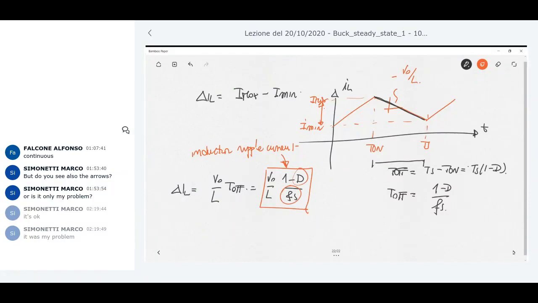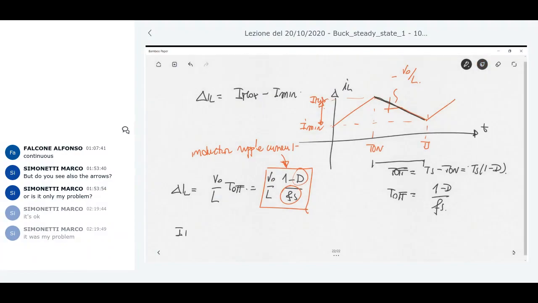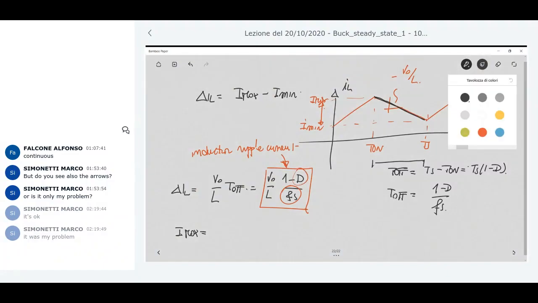Using this ripple current, you can also say what the maximum current is.